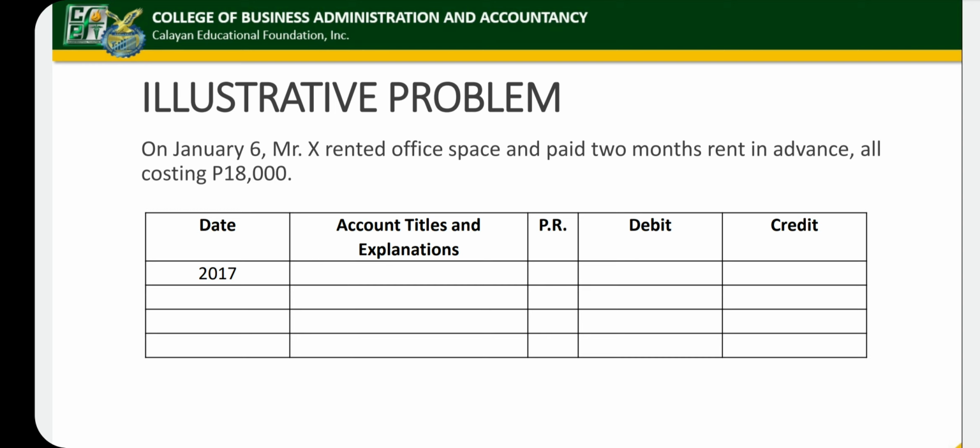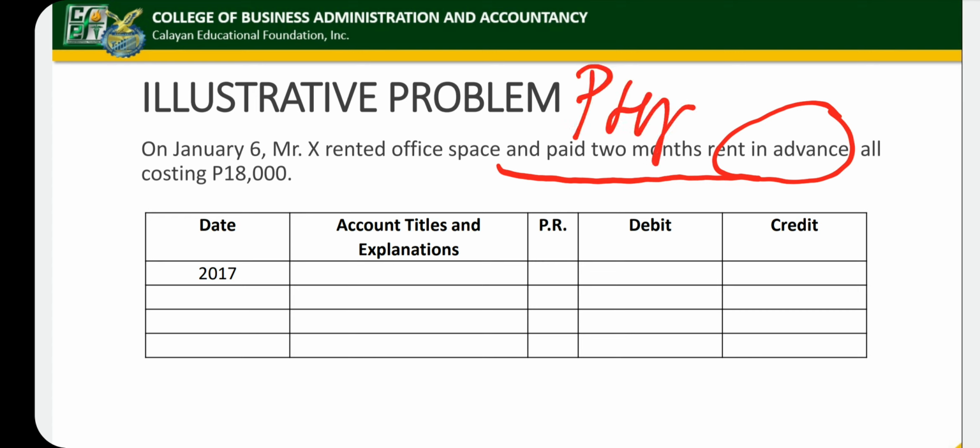So class, in this transaction, Mr. X paid 2 months rent, but take note, in advance. So this is an example of a prepayment. Di ba, we have already discussed the meaning of prepayment or the prepaid expenses as part of our assets, di ba?